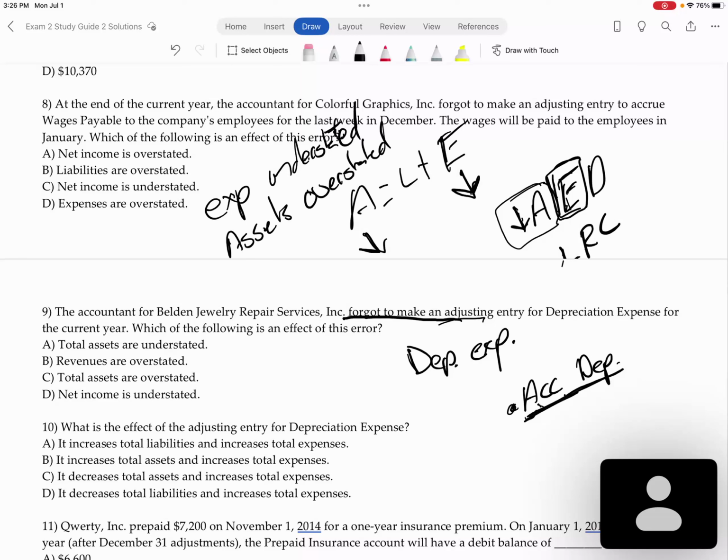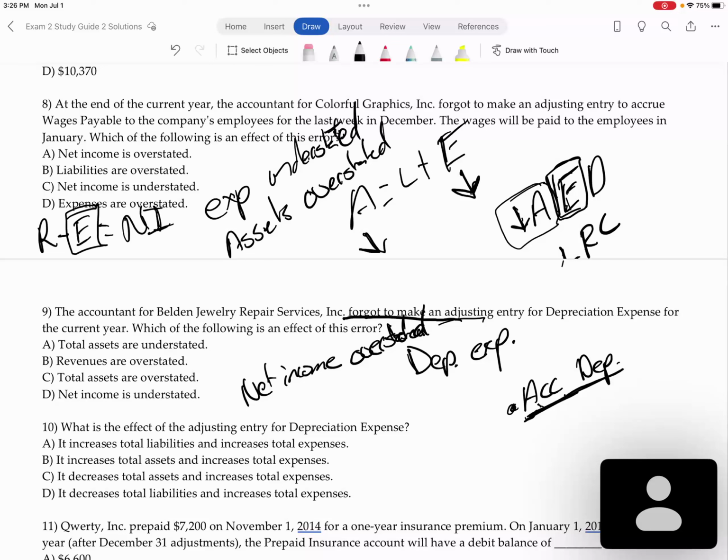Or another thing that could be is net income would be overstated, right? Because remember, net income is simply revenue minus expenses equals net income, okay? And so if we didn't record an expense here, then our net income would be overstated, okay?